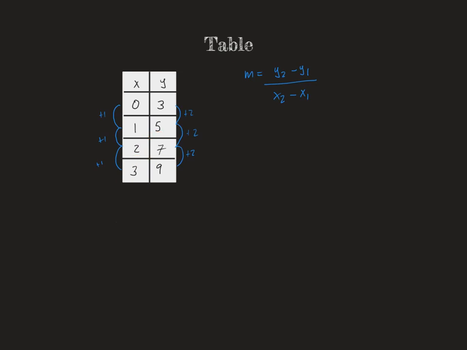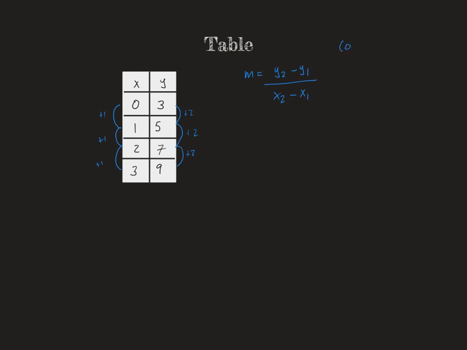The thing is, you need to choose 2 points, and the order doesn't really matter. You can choose this point and this point, and you're going to get the same answer. You can choose this point or this point, and they're going to give you the same answer. So I want to choose this point and this point, just because I felt like jumping one.